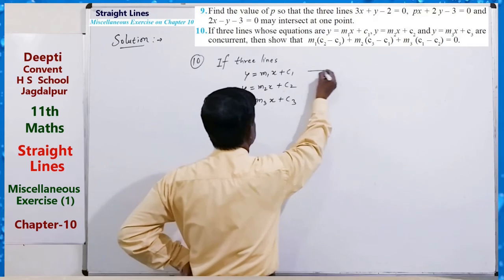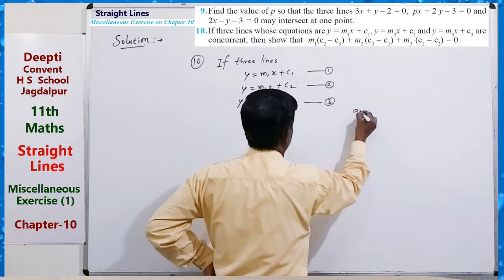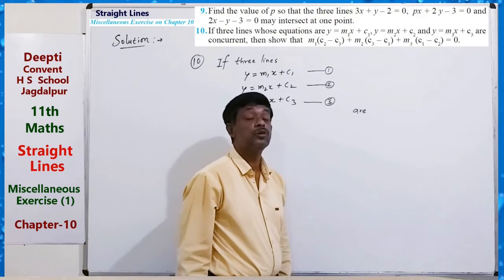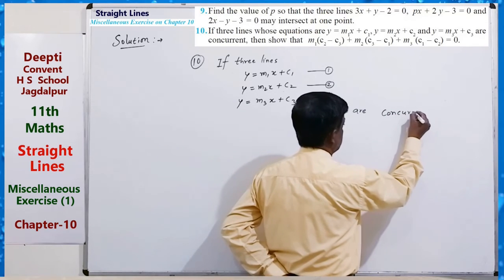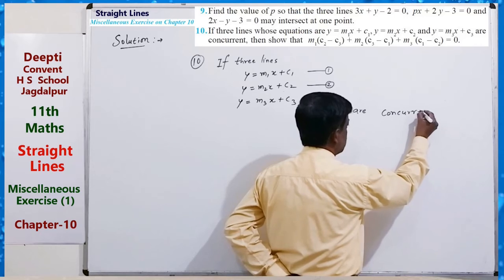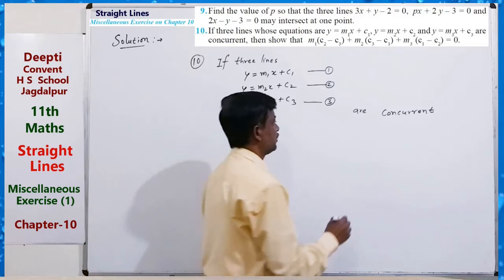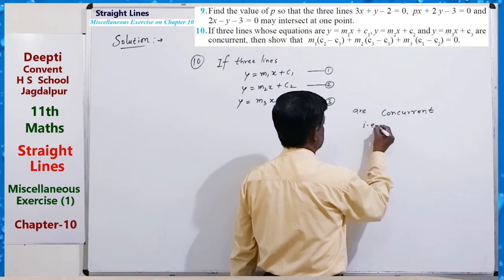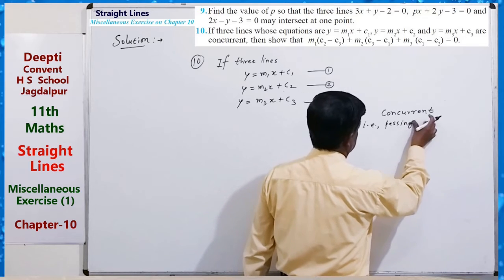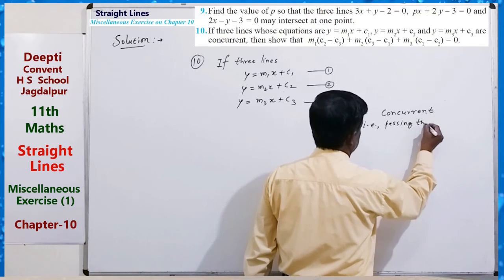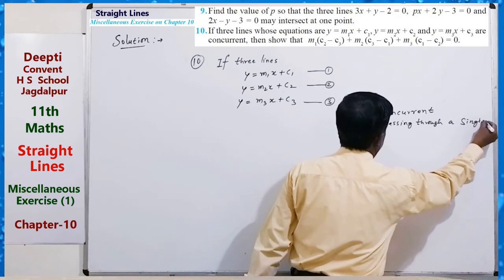If these three lines are concurrent. Concurrent means passing through a single point.